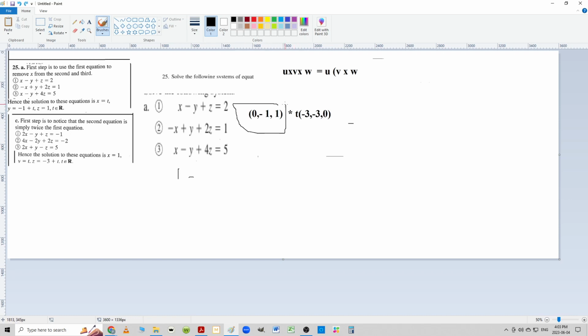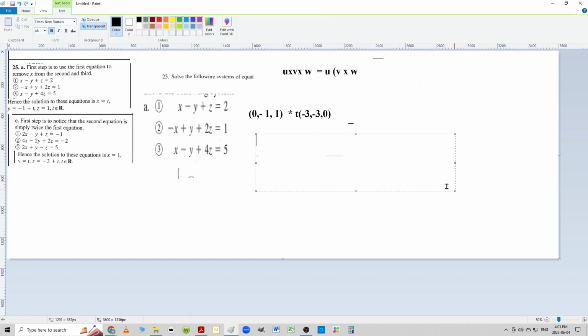When t is 1, you get 0 minus 3, so you get minus 3. You get minus 1 minus 3, you get minus 4. And you get 1 plus 0, 1. So it looks like the z-coordinate will stay at 1 no matter what.